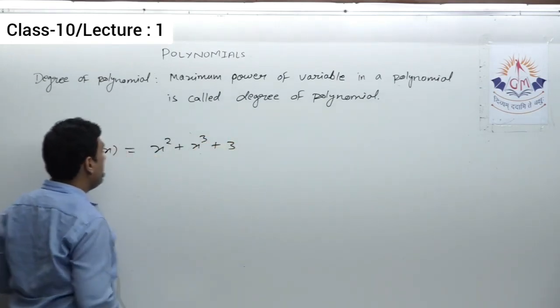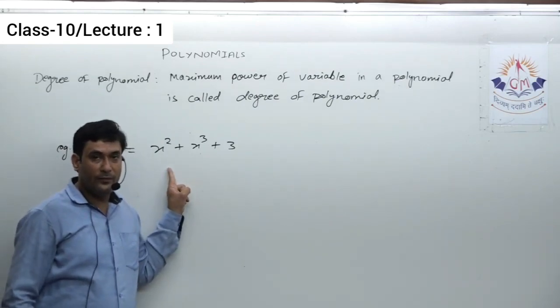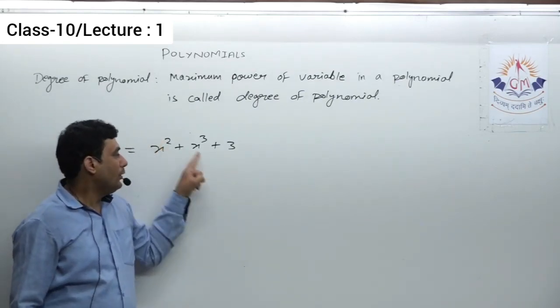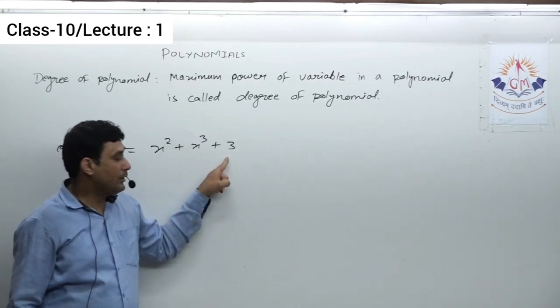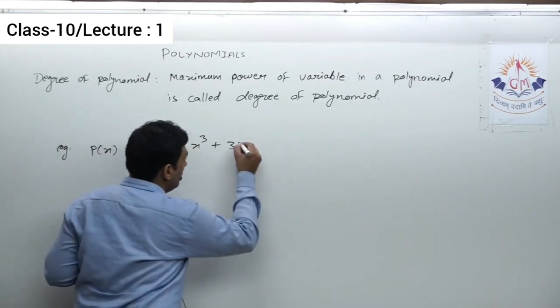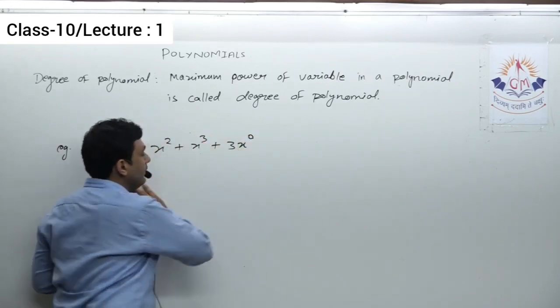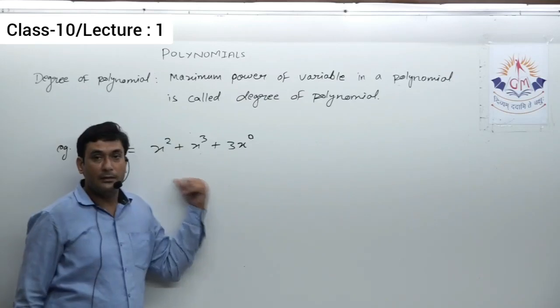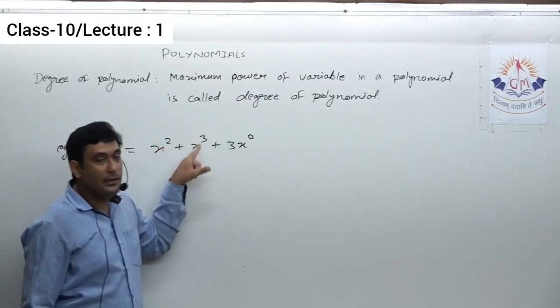So here what is the degree of polynomial? Maximum power. What is the power of variable in the first term? It is 2. What is the power of variable in the second term? It is 3. What is the power of variable in the third term? Actually this is x raised to 0. So that means 0, 3 and 2. These are the powers of the different terms of the polynomial. Among these, 3 is the maximum.